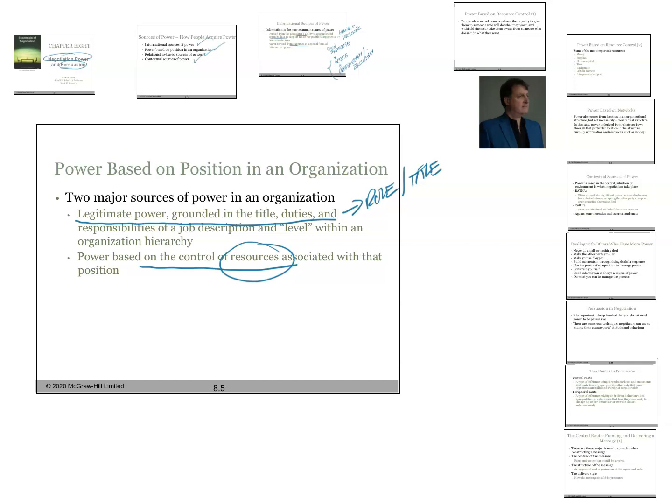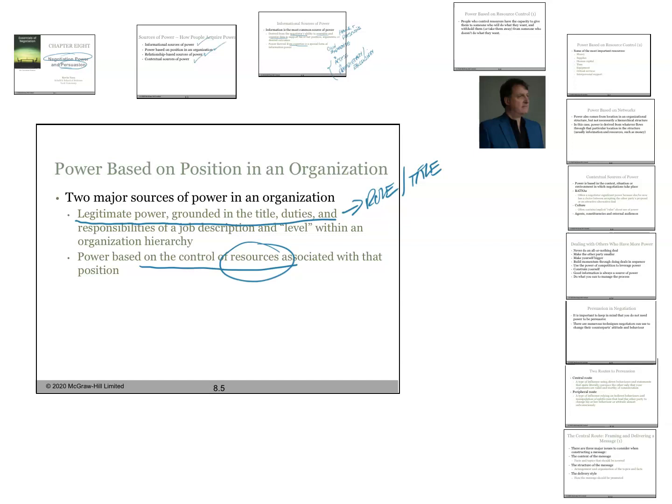So what sometimes happens is you might have some kind of legitimate power in terms of your role, your title, but you might need the money from somebody else. So in that case, your legitimate power will be paired, or you'll have to work with somebody who has the resource control. So this is where it gets interesting.